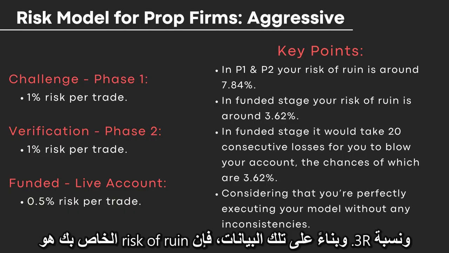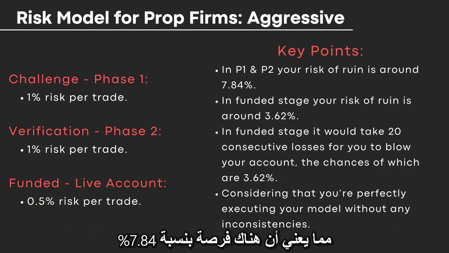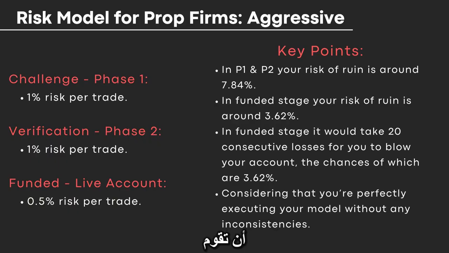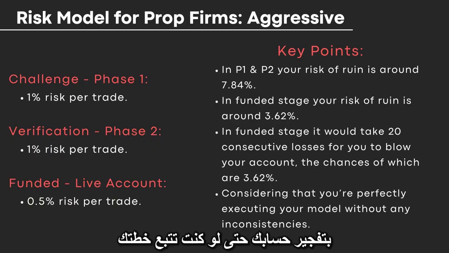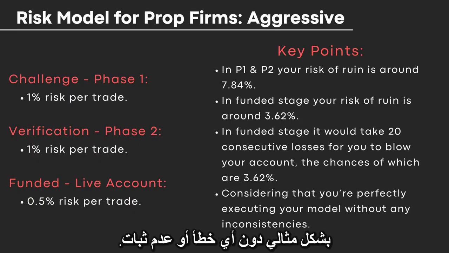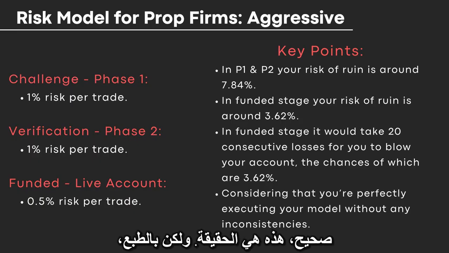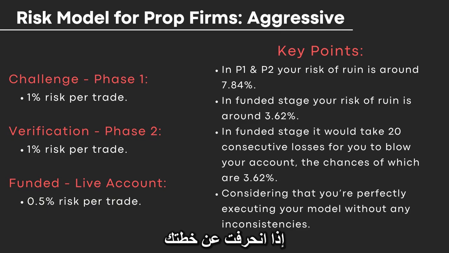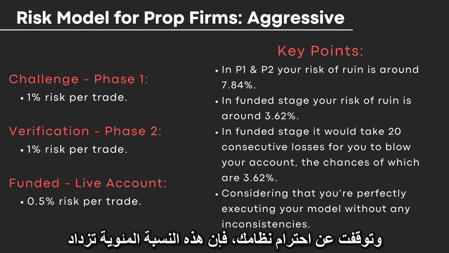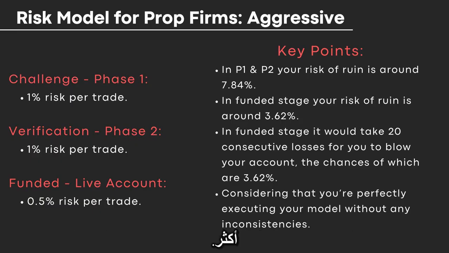Based on that data, your risk of ruin is 7.84%, which means there is a 7.84% chance of you blowing your account even if you're following your plan perfectly without any mistake or inconsistency, right? That's the reality. But of course, if you divert away from your plan and stop respecting your system, this percentage value increases even more.